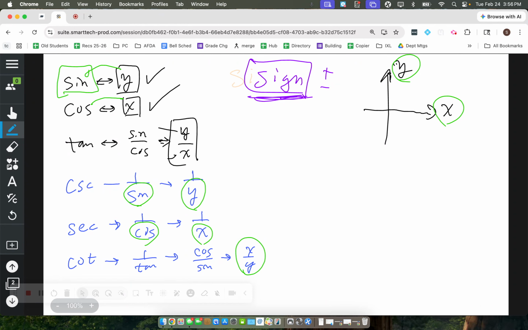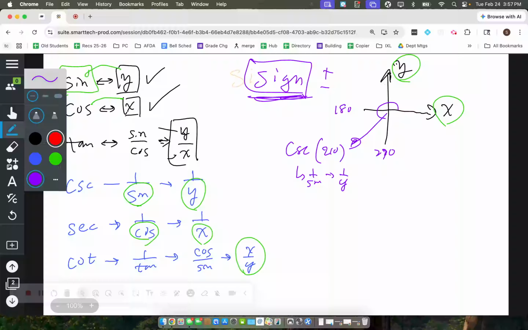So you have an angle. Let's just put it here. I don't know what size that angle is. I know it's between 180 and 270. But if they're asking about, let's say, the cosecant of this, I'm going to just guess maybe it's 210. You have to do this translation where you say, hey, this is related to sine, which means it's related to y, and whether y is on top or on the bottom, it doesn't matter.